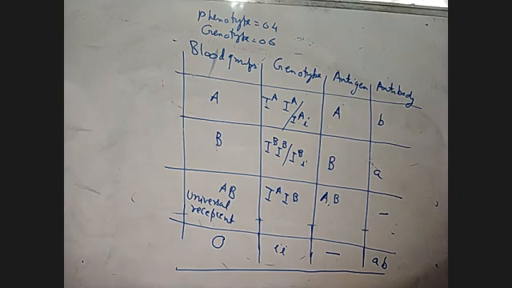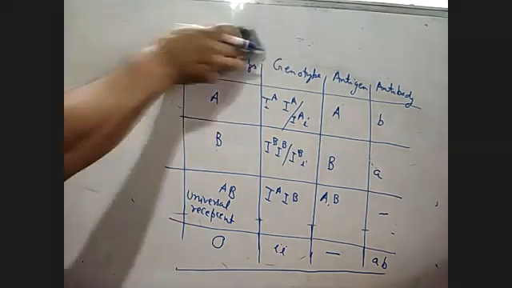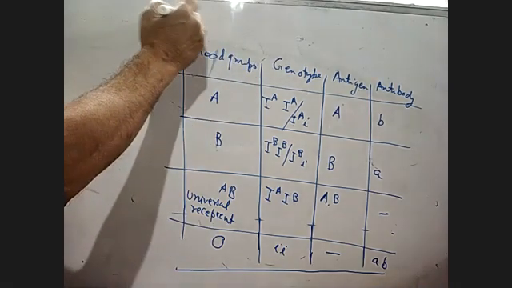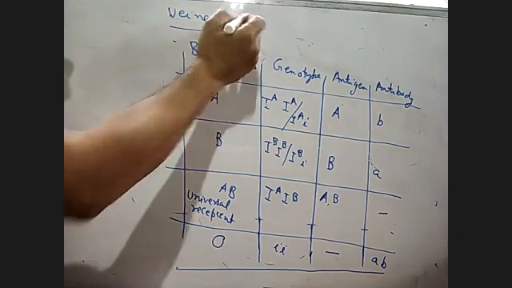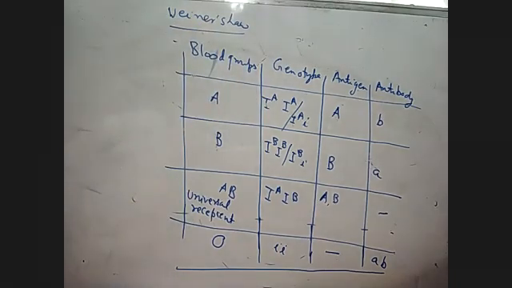So here there is a law called Wiener's law. What is Wiener's law? It was discovered by Wiener, that's why it's called Wiener's law.